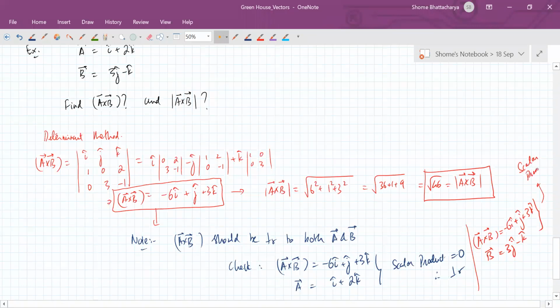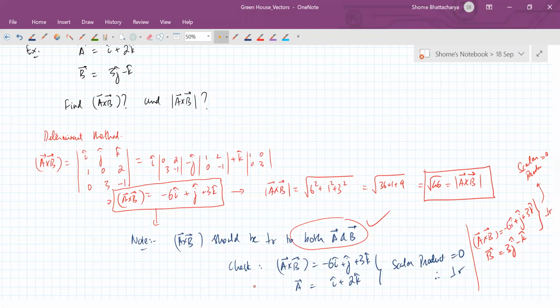The dot product or scalar product is 0, so they are perpendicular. So that checks out. So it is perpendicular to both A and B. So that's how we can check the direction. The direction is correct. Yes, everywhere this will be applicable, na? Because that's the definition.